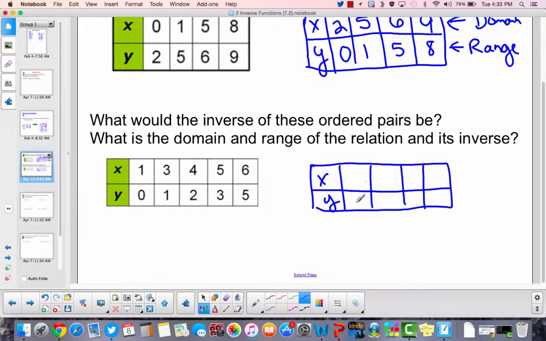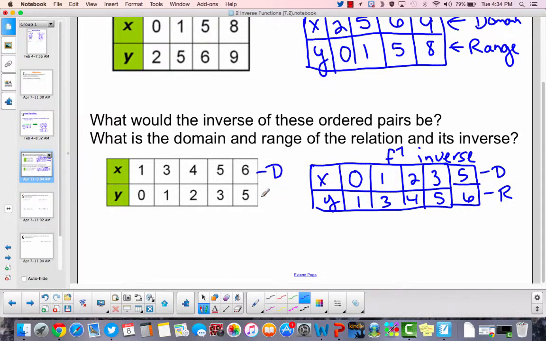If x is 1 and y is 0, x now becomes 0, y is 1. 3, 1 becomes the pair 1, 3. 4, 2 becomes the pair 2, 4. 5, 3 becomes the pair 3, 5. And 6, 5 becomes the pair 5, 6. This is my inverse. This is my domain. This is my range. This is the domain of the first, and this is the range of this one.